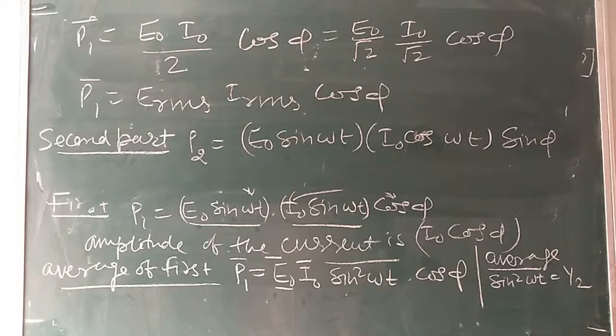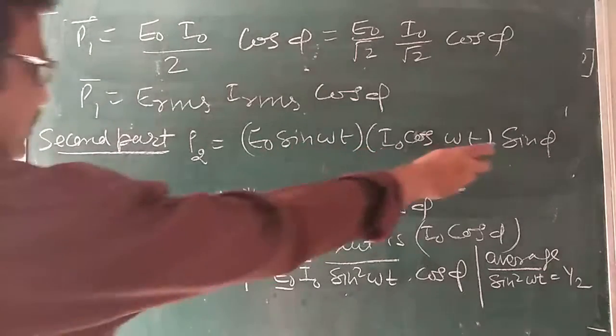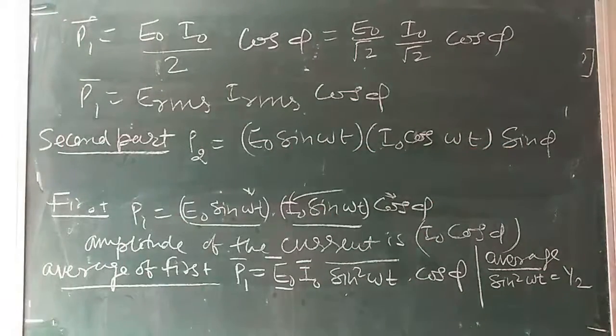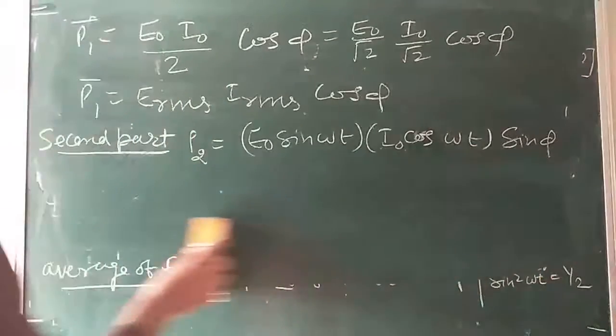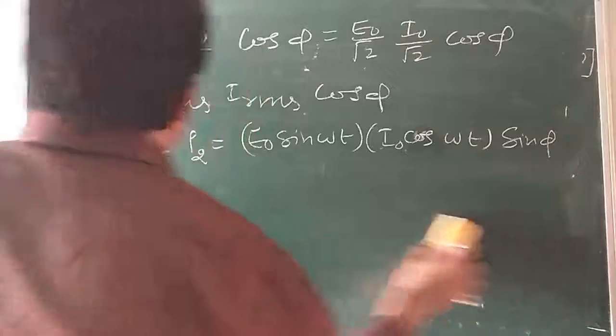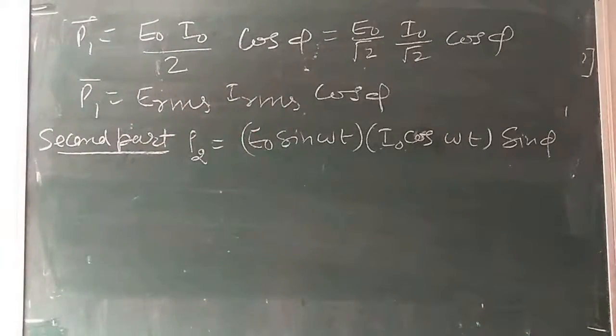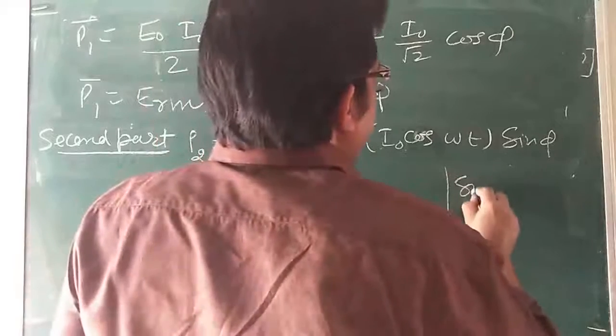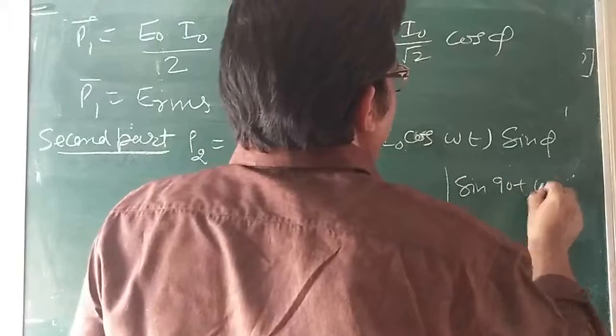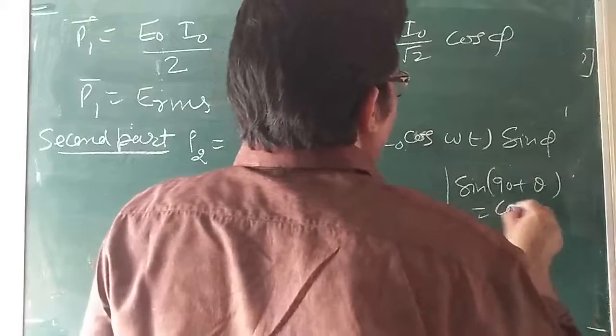So dear children, what I can see here, I naught sin phi, it is the amplitude here, and I can write cos omega t. Again we use a trigonometrical relation. Cos omega t is equal to sin 90 plus theta. Sin 90 plus theta is equal to cos theta.